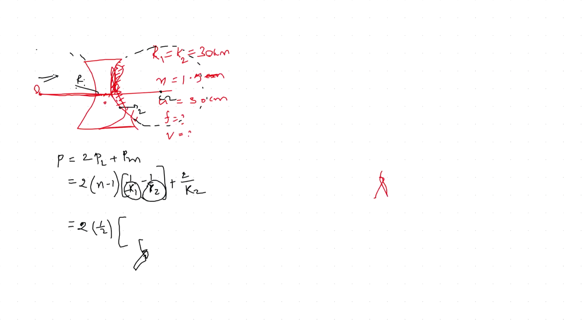So this side is C1, because the radius is given 30 centimeter and the object is also 30 centimeter. C2 is also 30 centimeter. If you see R1 and R2, R1 is negative, opposite to the incident direction.